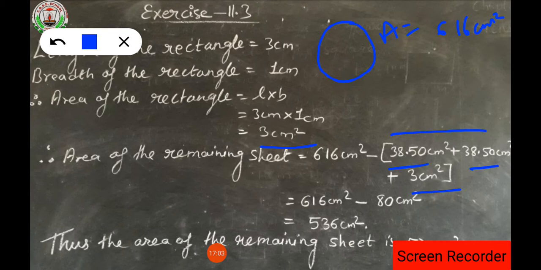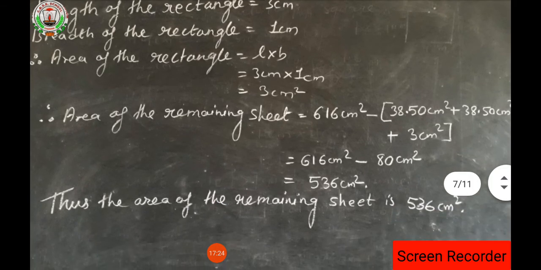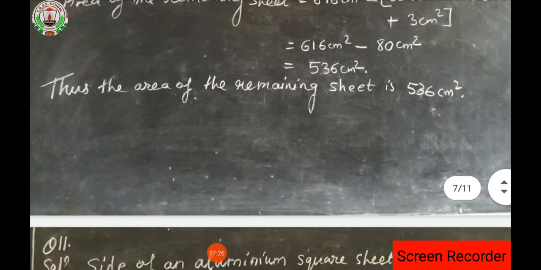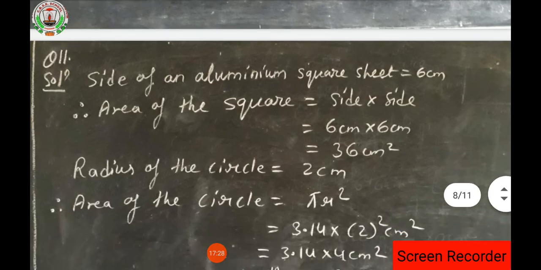So adding the two circles along with the rectangle, we get 80 centimeter square, and this 80 centimeter square is subtracted from 616 to get the answer as 536 centimeter square. Thus the area of the remaining sheet is 536 centimeter square.